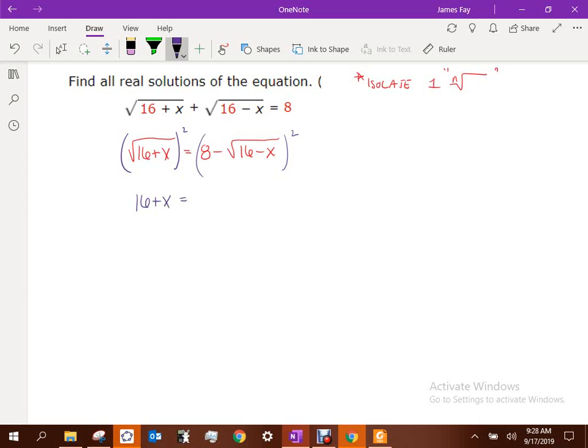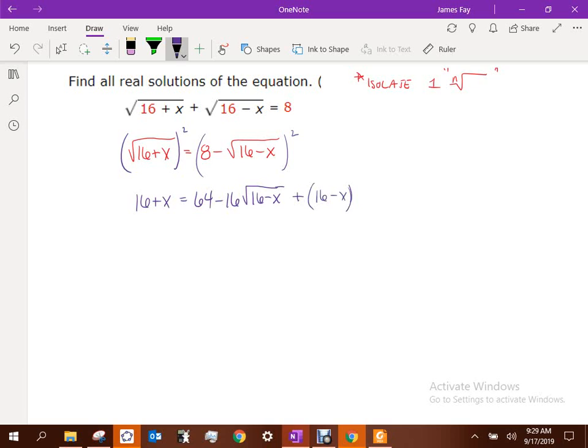So it's going to be 8 squared, which is 64. I'll multiply these two things together, so it gives me negative 8 times radical 16 minus x. And I'm going to double that, so it gives me negative 16 radical 16 minus x. And I'm going to square the last term. So a negative times a negative turns into a positive. And it's a 16 minus x.